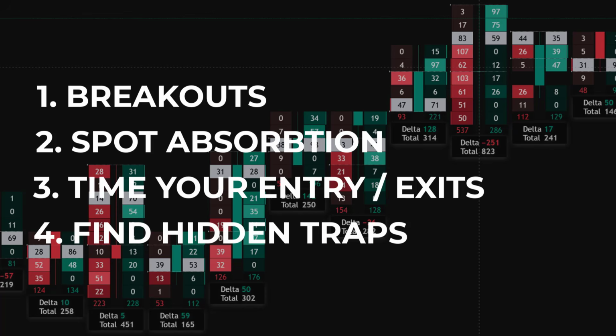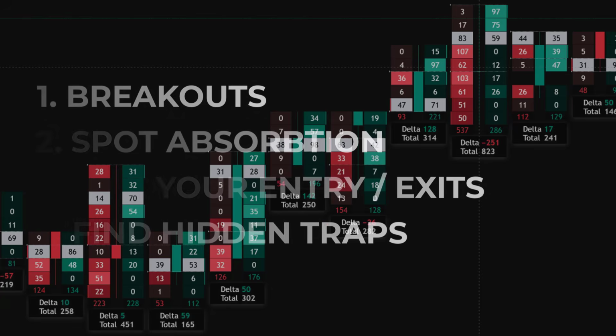Or fourth, find hidden traps. Delta divergence can warn you when a new high or low is about to reverse. So 4 key uses there of the footprint chart. But in short, if you care about timing and intent, then the footprint chart gives you both.